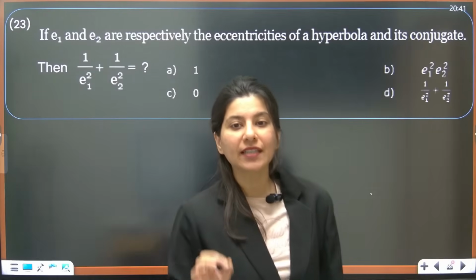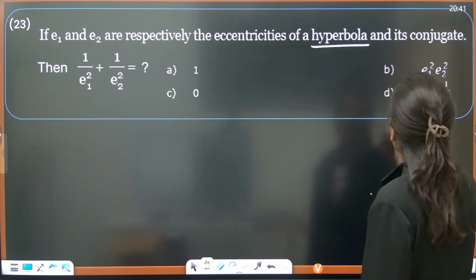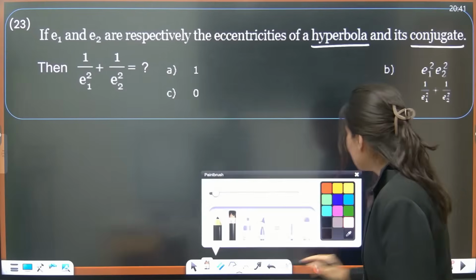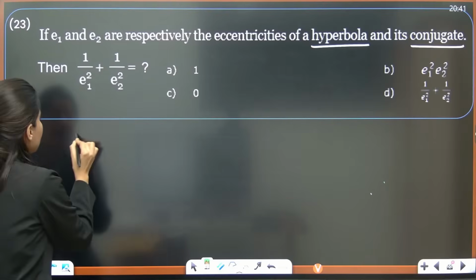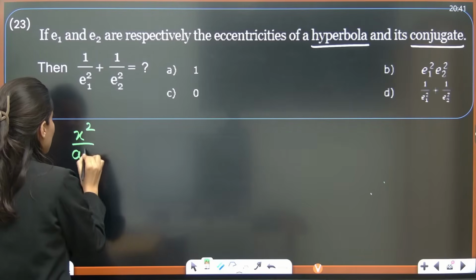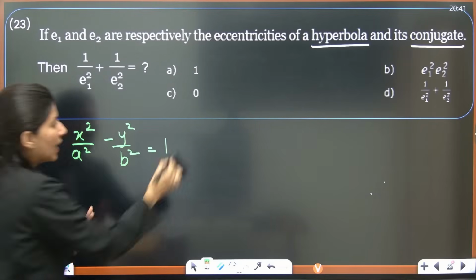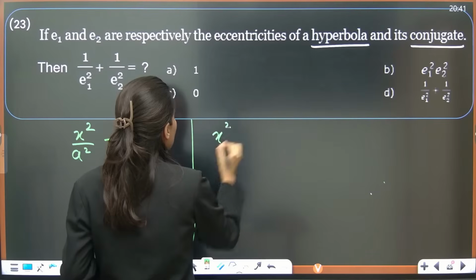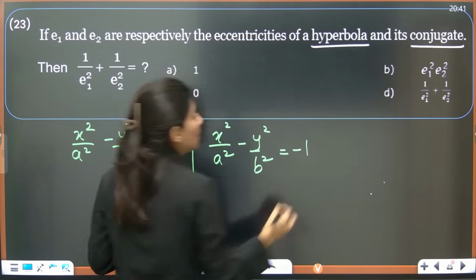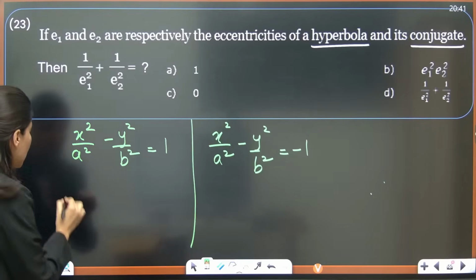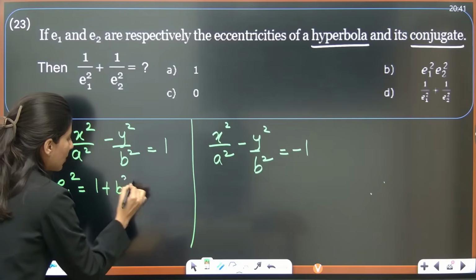If E1 and E2 are respectively the eccentricity of a hyperbola and its conjugate. Okay, eccentricity formula, let me tell you. If you have this hyperbola, x square by a square minus y square by b square is equal to 1, this is one hyperbola, and this is the conjugate hyperbola, x square by a square minus y square by b square is equal to minus 1. Suppose the eccentricity of this is e square is equal to 1 plus b square by a square.